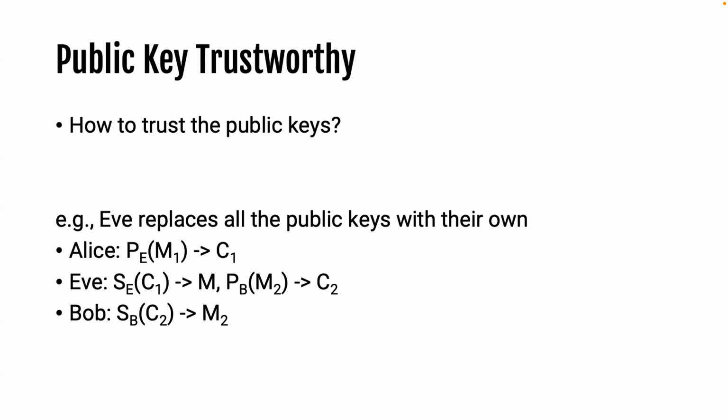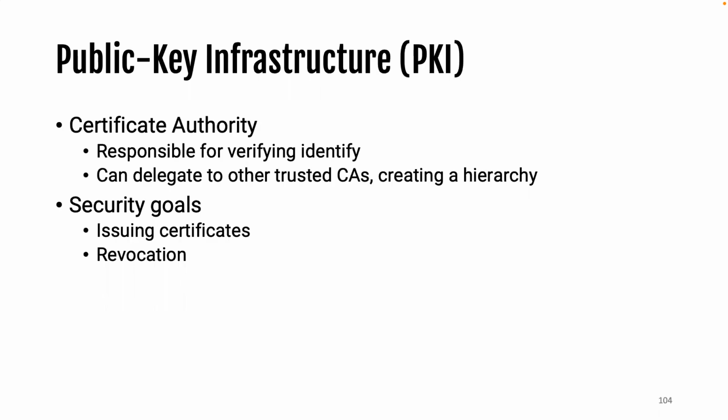One possible way to resolve that is the so-called PKI, public key infrastructure. The way it works is that, since I cannot guarantee this myself, let's find a third party, someone that can authenticate me and that everyone can trust.